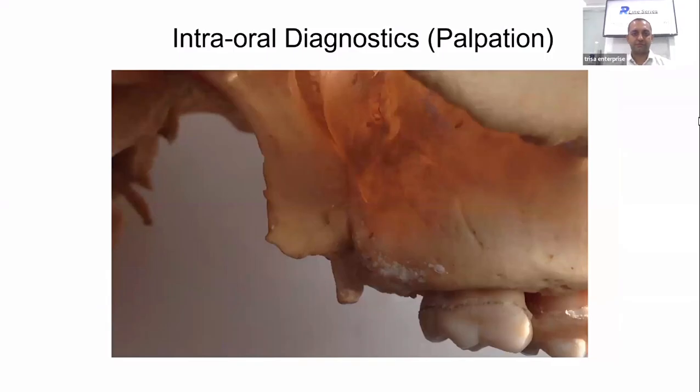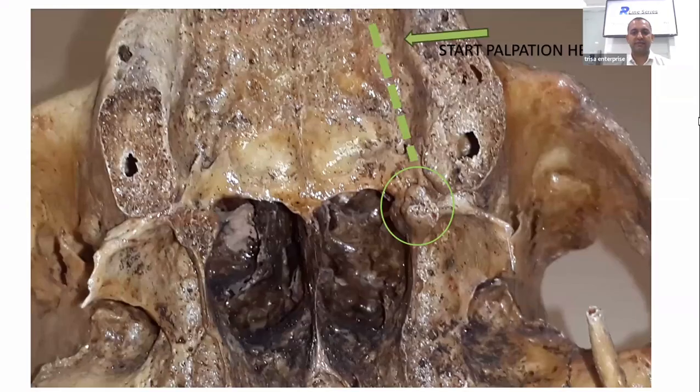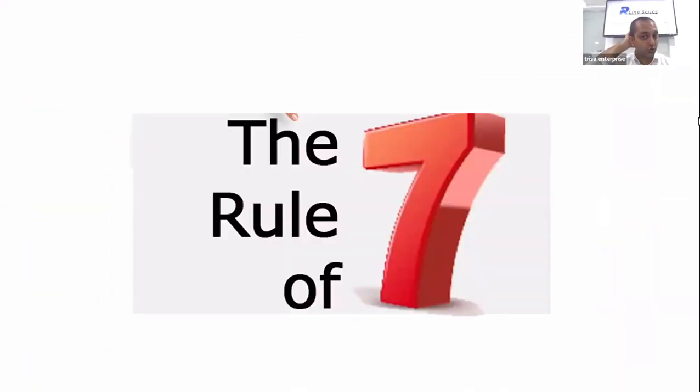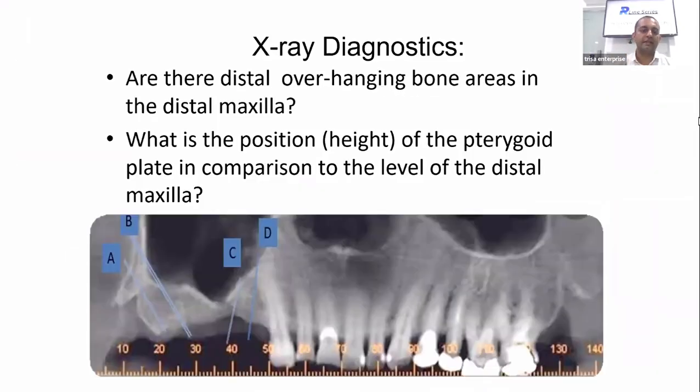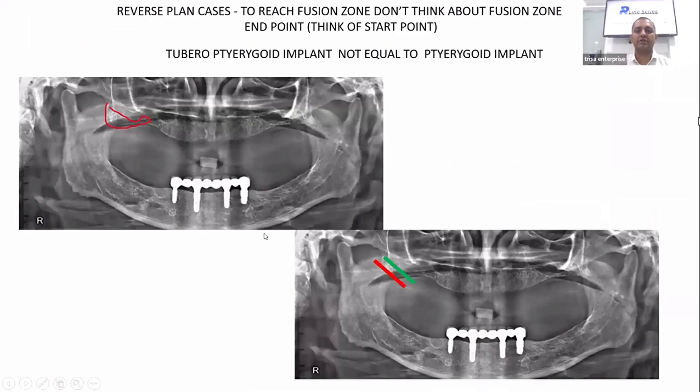Now the trick to identify this in the patient's mouth is to use the OPG X-ray. Whenever you are studying the OPG X-ray, you should start identifying the landmarks which I am going to describe right now.